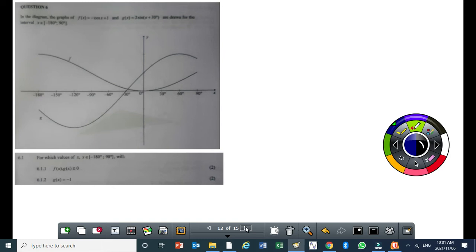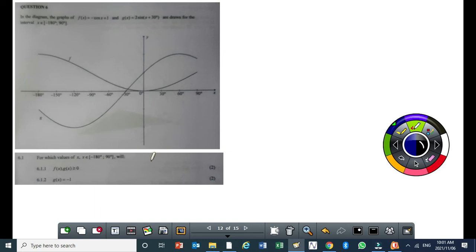They are grade 11 work. So go over your grade 11 stuff. So for this question, you are given the 2 graphs. One for cos, that's minus cos x plus 1, and the other one for sine, 2 sine x plus 30 degrees.